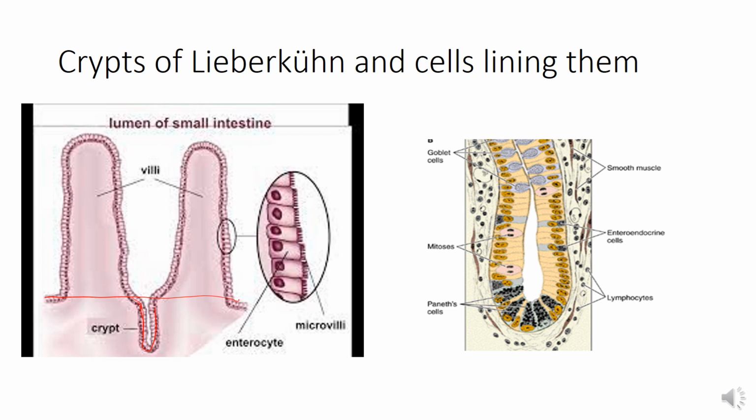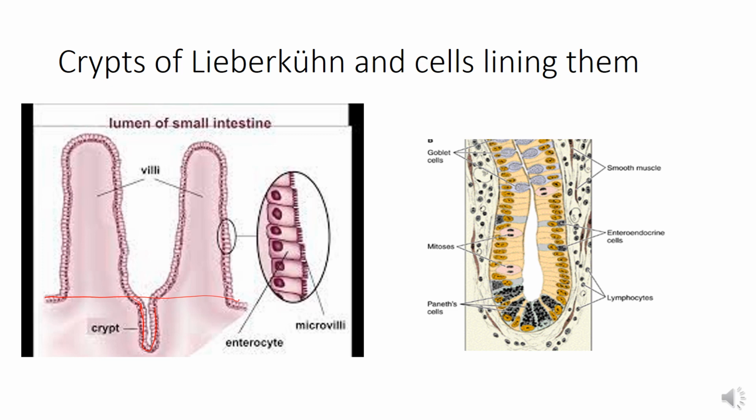The crypts of Lieberkühn are actually simple tubular glands that lie in the lamina propria, and they may extend as far as the muscularis mucosae, and they contain cells of various types.